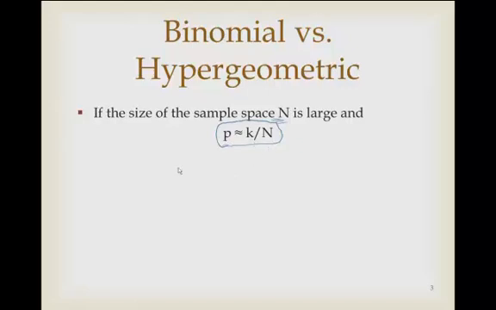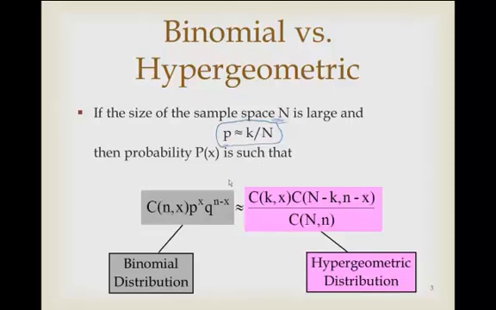So in that case, it turns out that for large numbers, the binomial distribution sneaks perilously close to the hypergeometric distribution, and vice versa. So that's just kind of nice to know. They do resemble one another and actually devolve into one another when the sample space n is large enough.